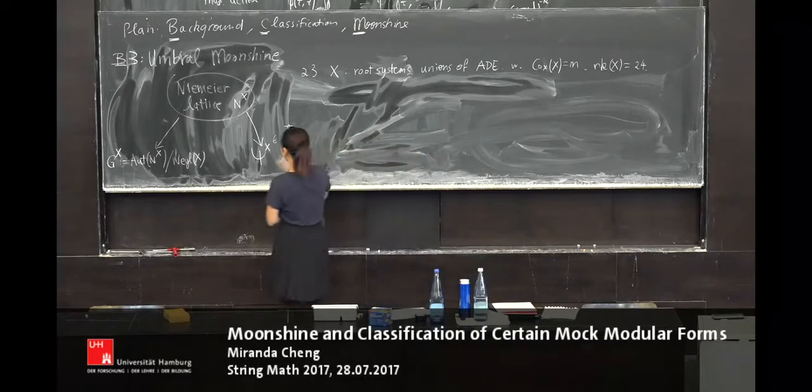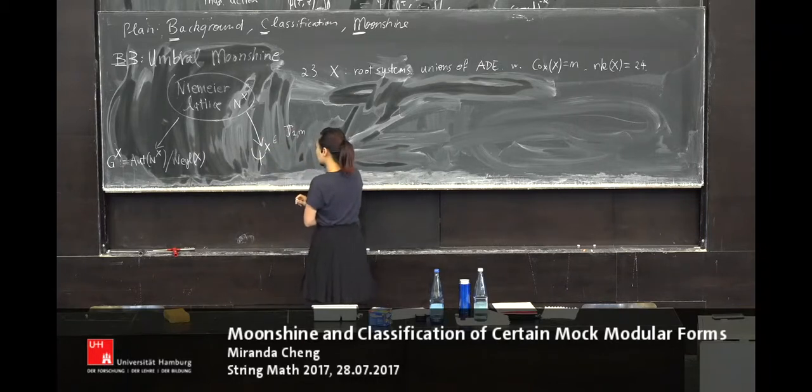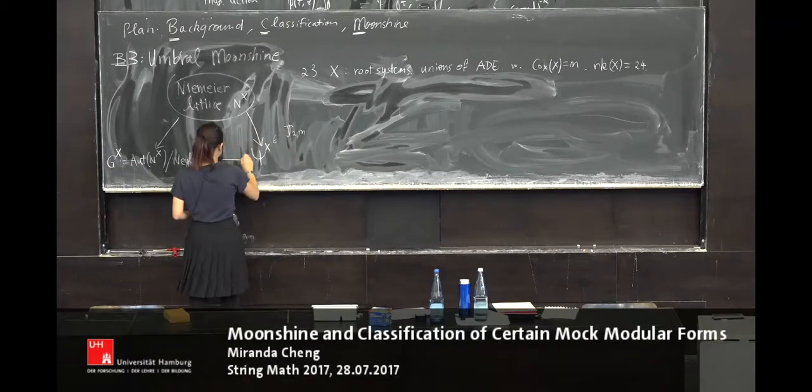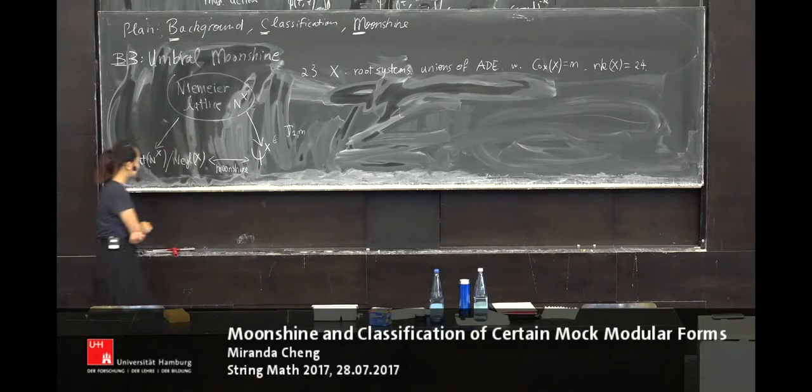I'll introduce this symbol properly later, but it's a mock Jacobi form. And these two are connected by Moonshine in the following sense.